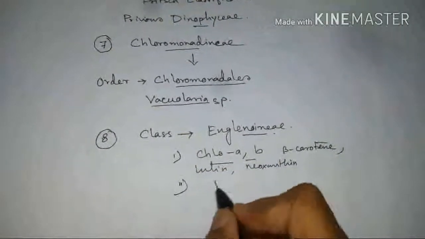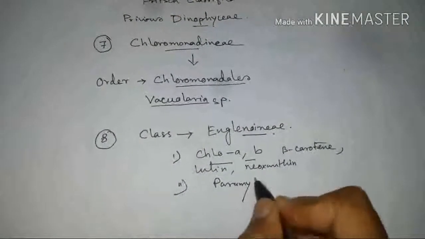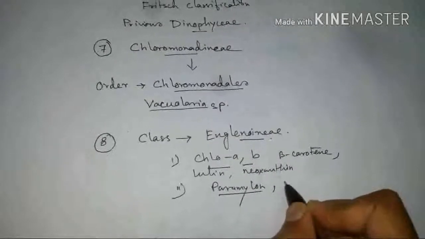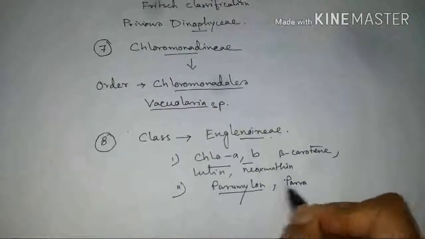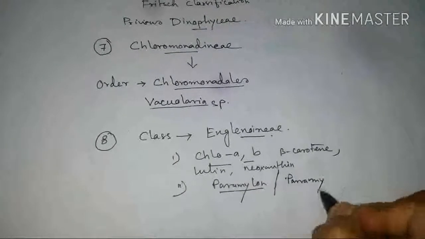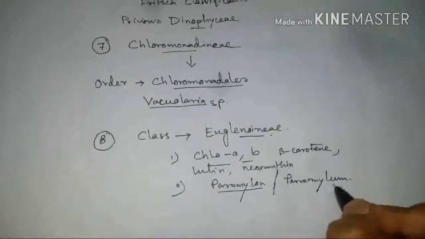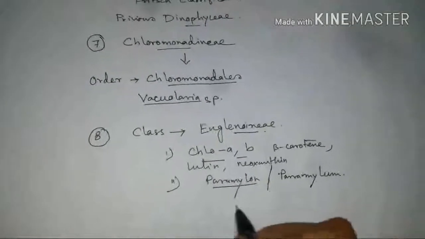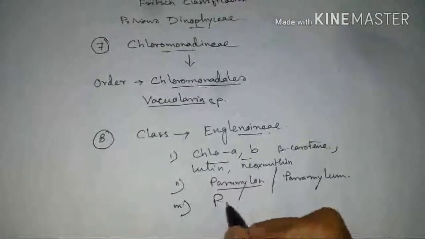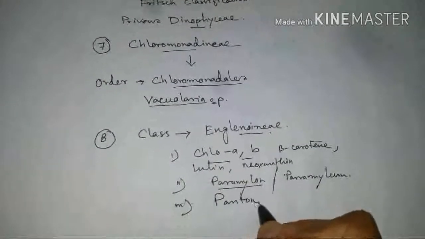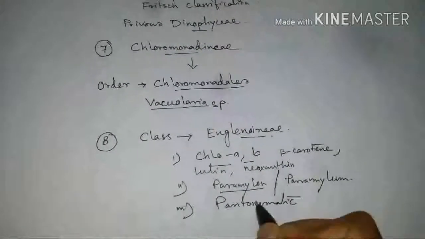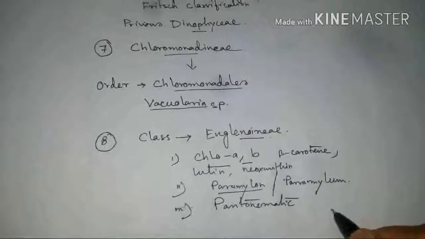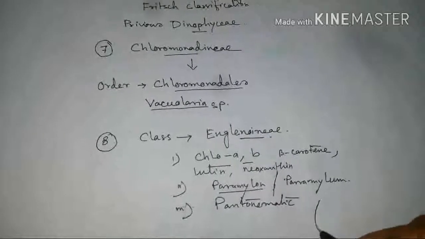So paramylon or paramylum is a storage product, and 1 or 2 or 3 pentonematic flagella are arising from an invagination at the anterior end of the cell.